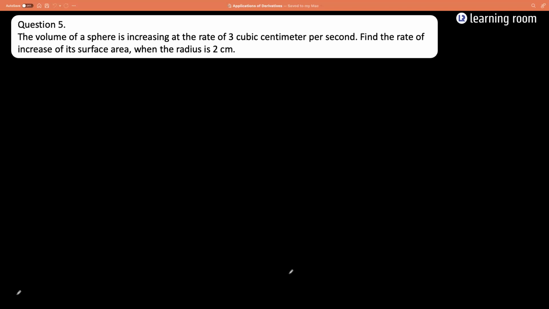This is a problem that we did yesterday, no? The volume of a sphere is increasing at a rate of 3 cubic centimeter per second. Find the rate at which the area is increasing. So do it fast. Now only 1 minute time.